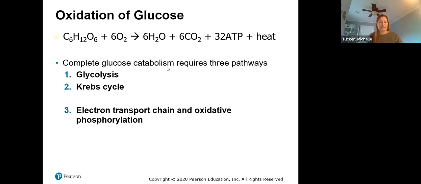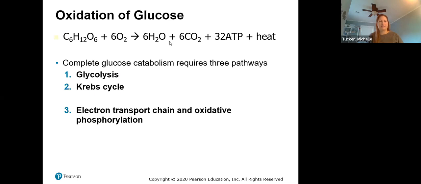Complete glucose catabolism requires 3 pathways: glycolysis, which takes place in the cytosol; Krebs cycle, which takes place in the mitochondria; and then the electron transport chain and oxidative phosphorylation, which also takes place in the mitochondria.